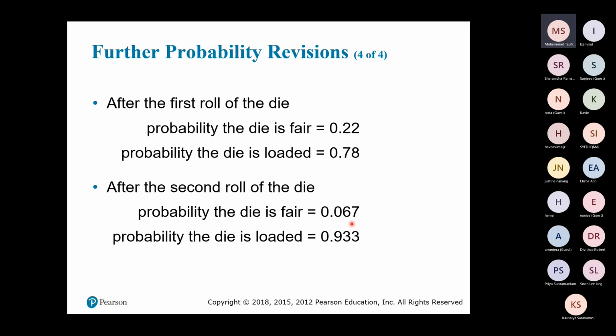Jadi untuk kita dapat 2 balingan nombor 3, kemungkinan dia lagi besar bila kita guna dadu yang diubah suai. Sebab tu kita tengok kemungkinan untuk kita pilih dadu yang diubah suai ni lagi tinggi untuk kita dapat 2 kali nombor 3 bila kita buat 2 balingan.